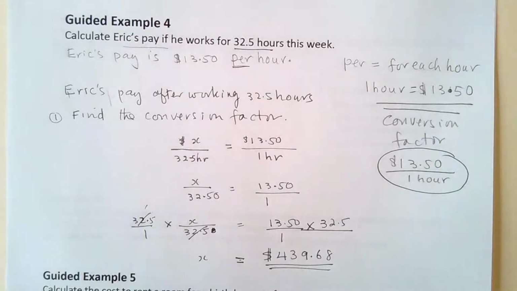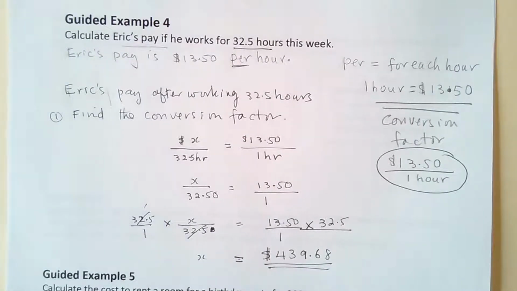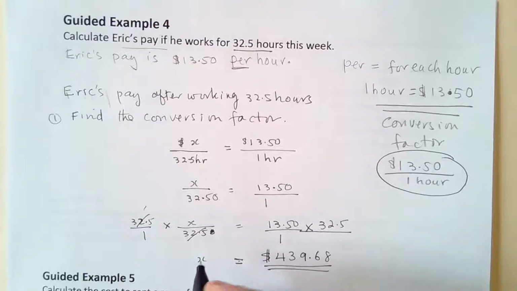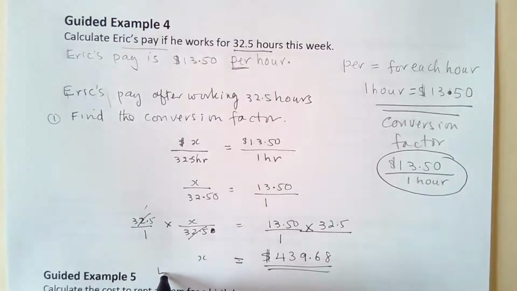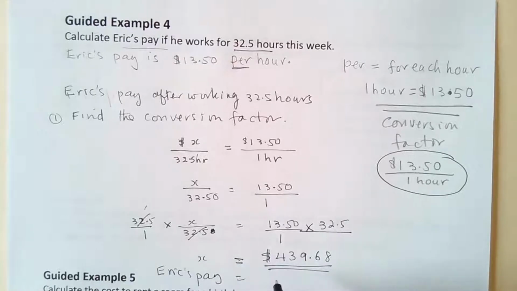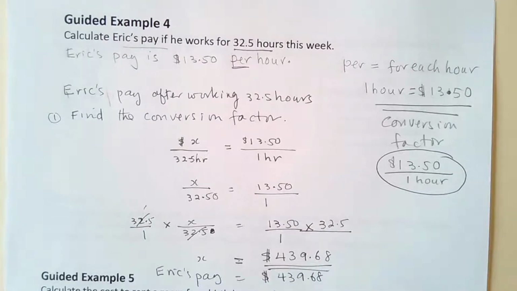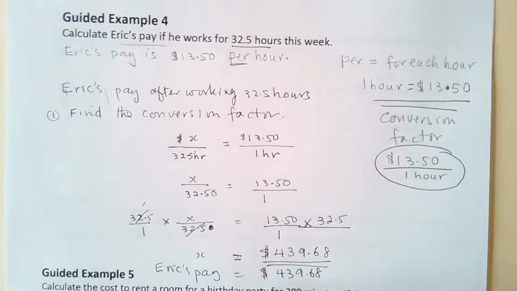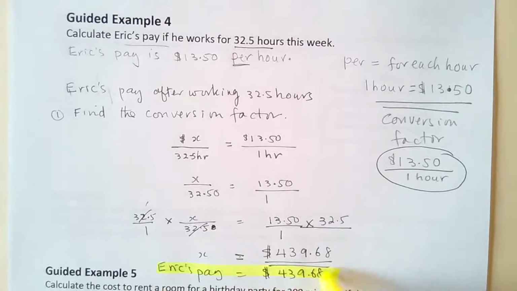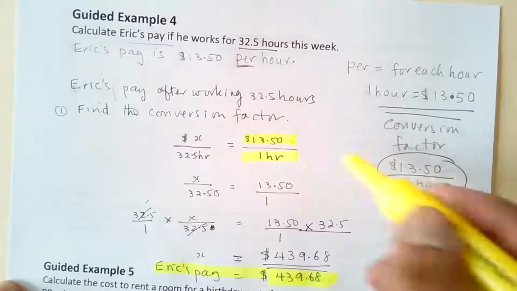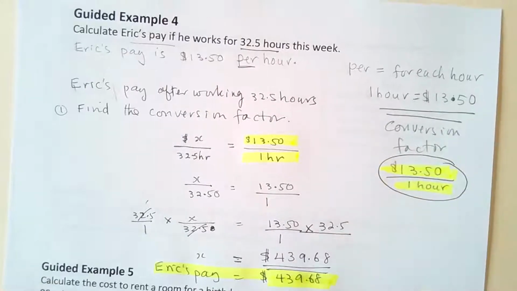So we can conclude that Eric's pay is equal to $439.68. So let's highlight the conversion factor there.